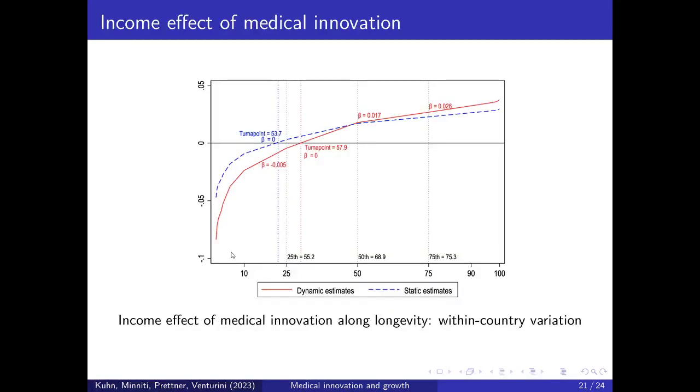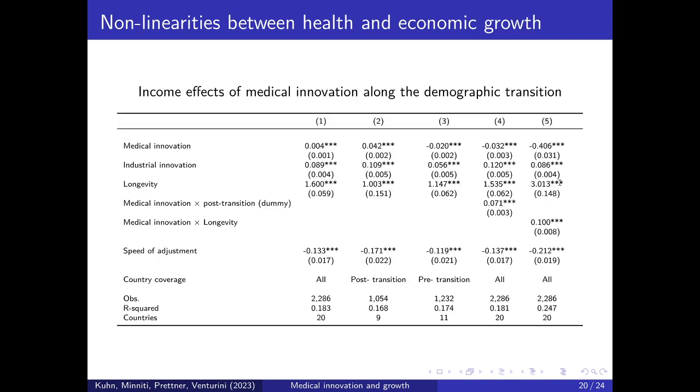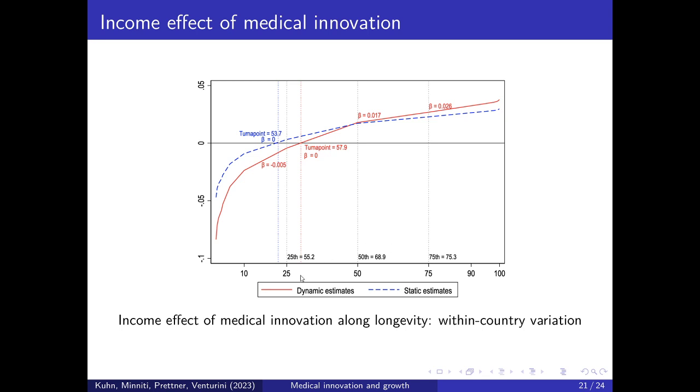Overall, what we can see by means of a graph is, irrespective of whether we use a dynamic estimate or a static estimate here for column 5, we always find that for low levels of longevity, so here we have the percentiles of longevity, the effect of medical innovation on economic growth is negative, and then at some point it turns positive.